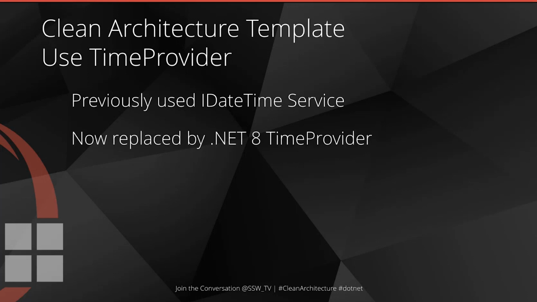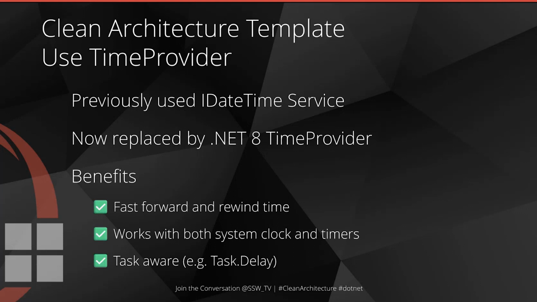Now the .NET team has actually provided a class that basically does this as well, and it's called the TimeProvider. This is brand new in .NET 8. The advantage of this one is it allows us to both fast forward and rewind through time, some sort of magical time travel, if you will. It works with system clocks like our previous abstraction, but the extra thing it does on top of that is it also works with timers.